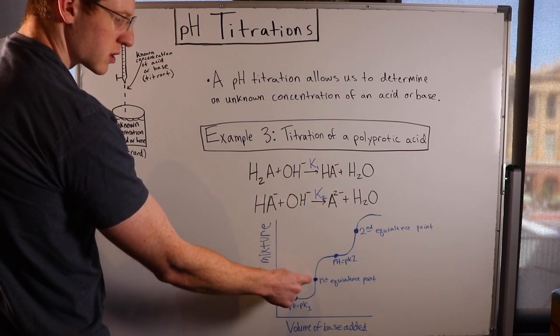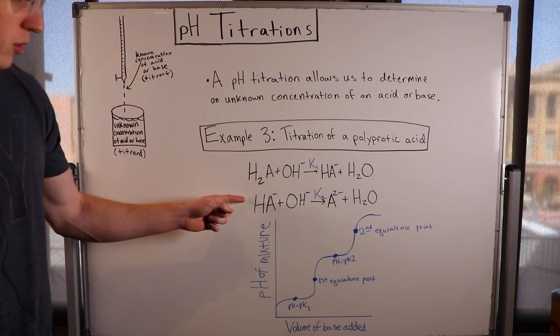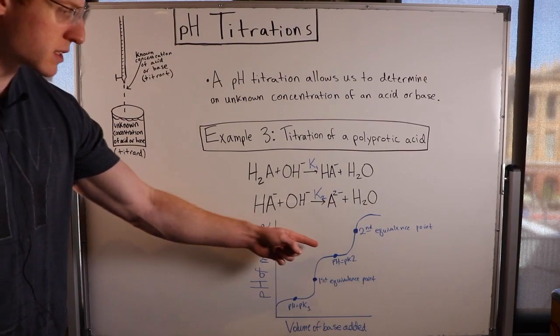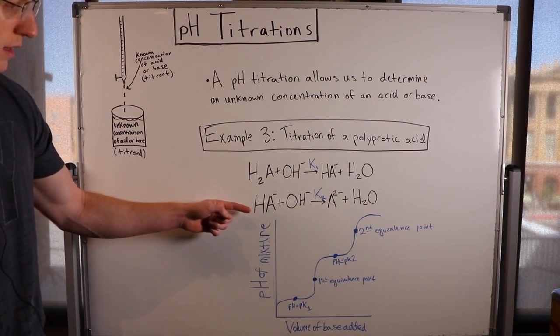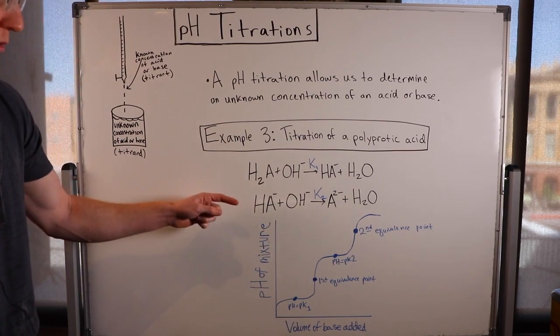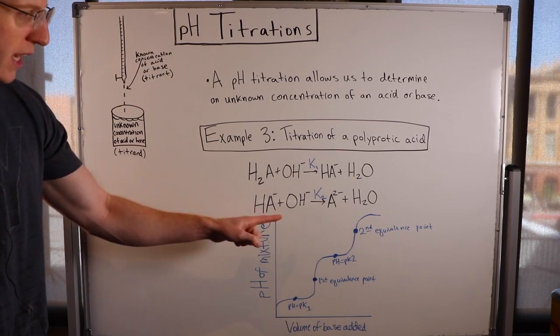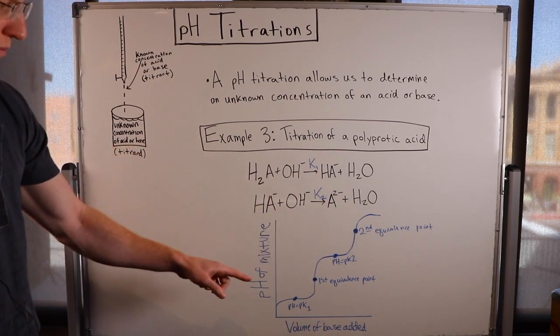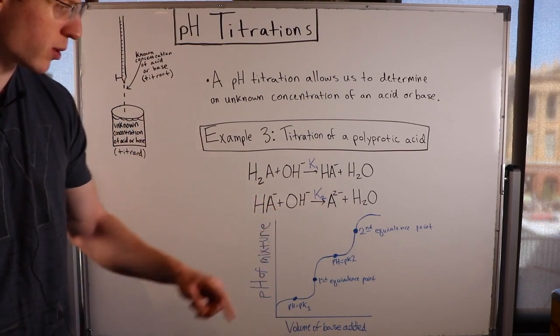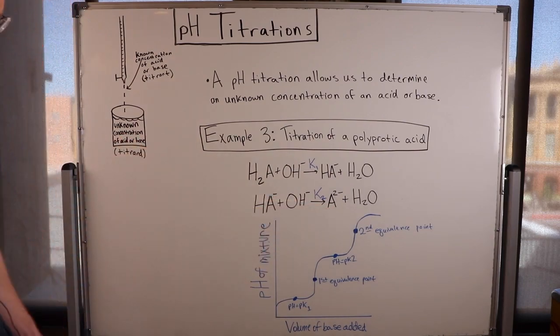So at this point, the solution contains all HA-. Okay, then we're moving on to this second reaction for the second titration. And then pH equals pK2 at the second half equivalence point. And at that point, the solution is half HA- and half A2-. Finally, we get to the second equivalence point, and at this point the solution is all A2-.